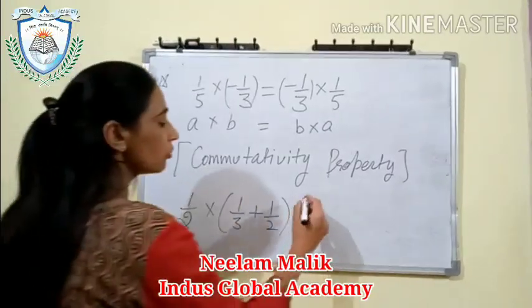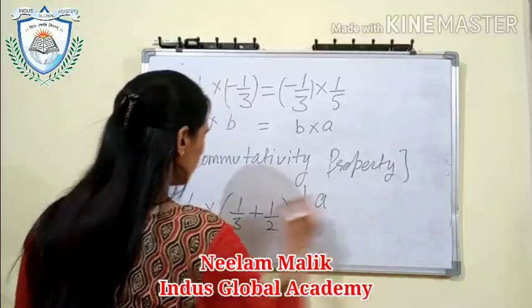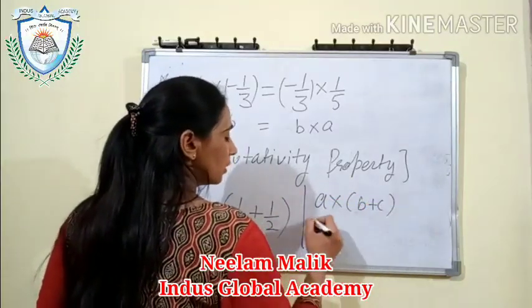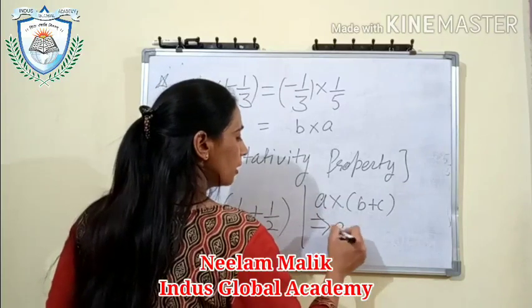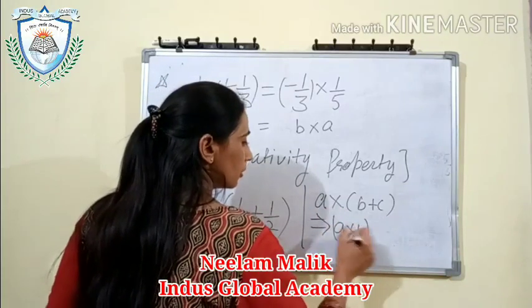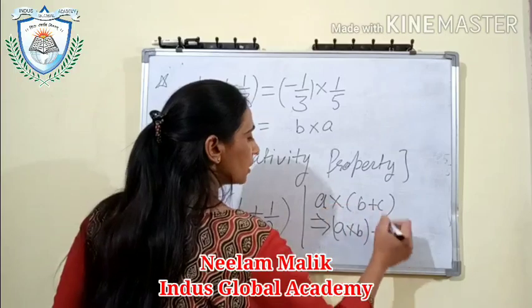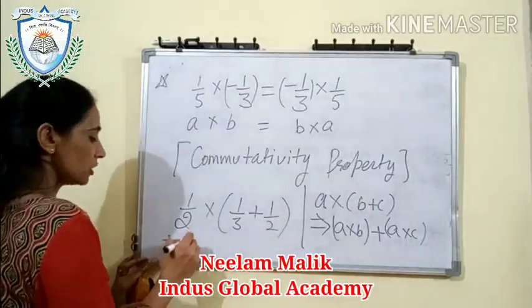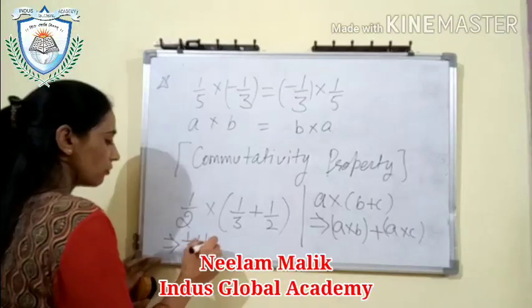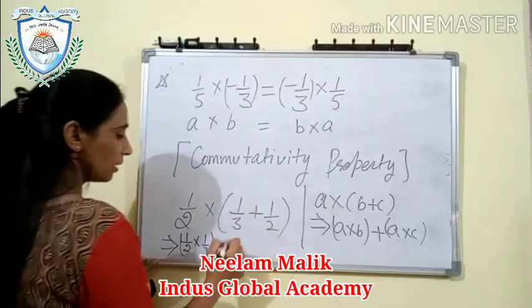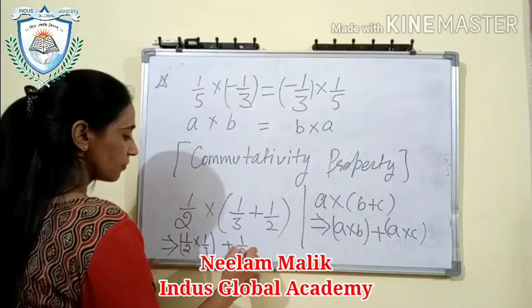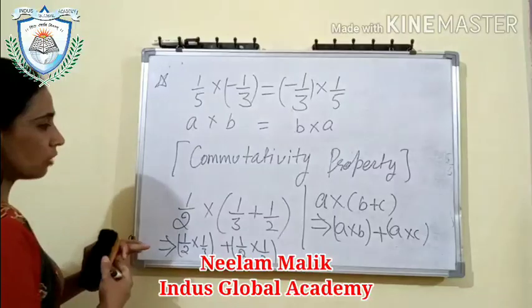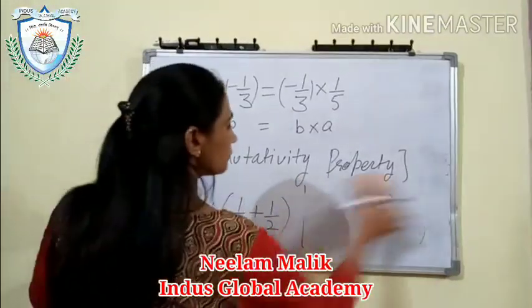In the distributive law we know our formula: A multiply B plus C will be A multiply B, this sign will be here, then A multiply C. So how can you solve this? First you take 1 upon 2 multiply 1 upon 3, then plus sign, then take 1 upon 2 again and multiply.